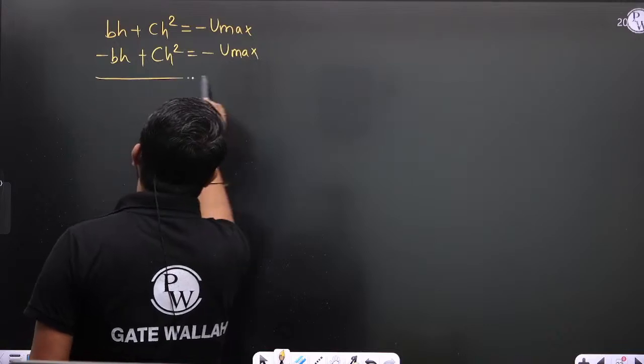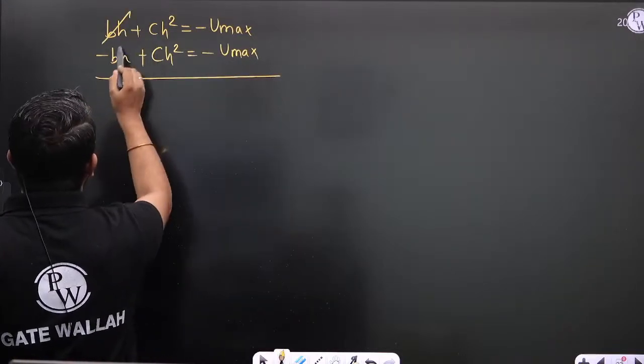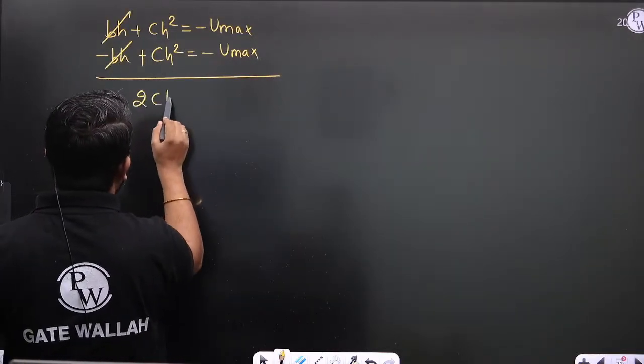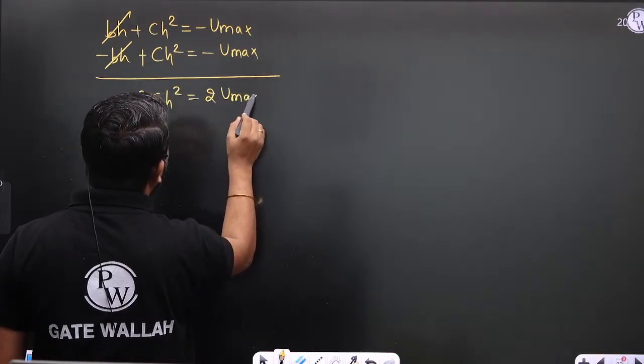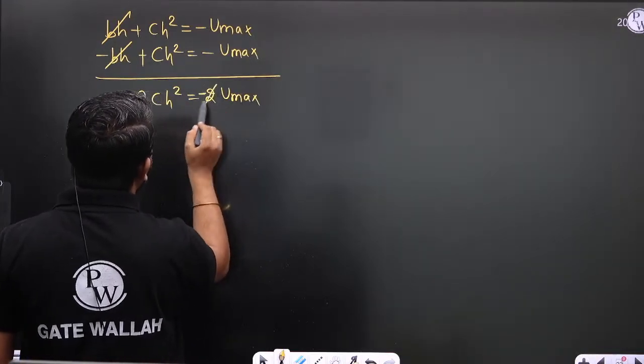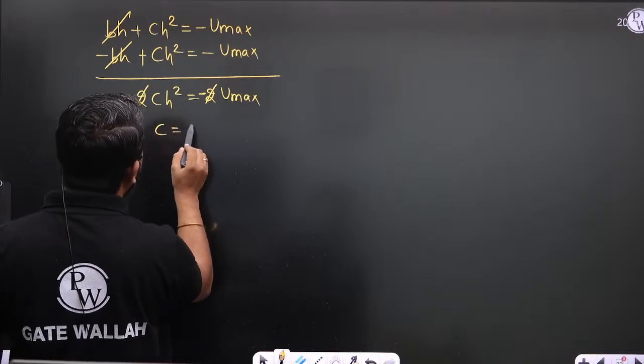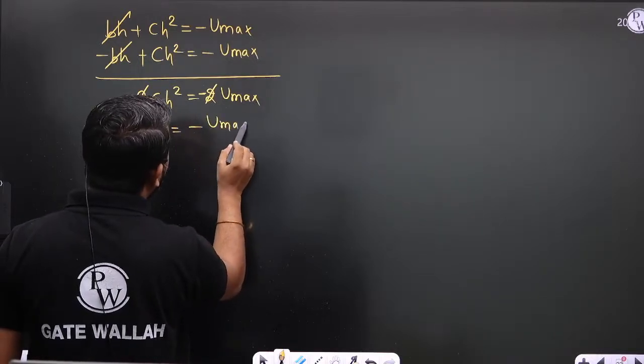Now add these two equations. If you add these two equations, this is 2ch square is equal to minus 2 u max. The 2 and 2 cancel out, so c is equal to minus u max by h square.